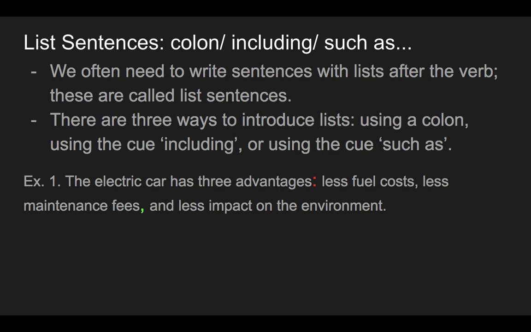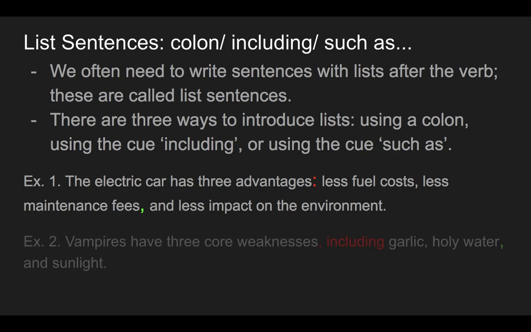Number 2: vampires have 3 core weaknesses, comma, including garlic, comma, holy water, comma, and sunlight. So you can choose to use a colon, or you can choose to use including with a comma in front of it.